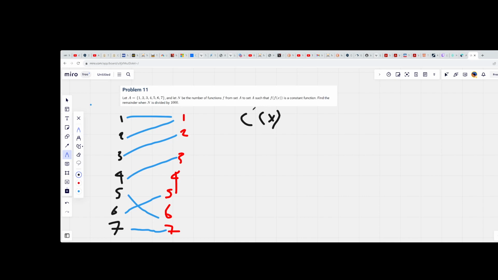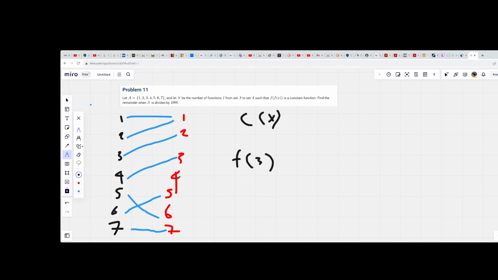Okay, so we should count how many ways that is possible. Perhaps that's easier said than done, but we'll have a look. The first thing I was thinking about when looking at this is: let's say I take any number in this set, say 3, and plug it into f of x.